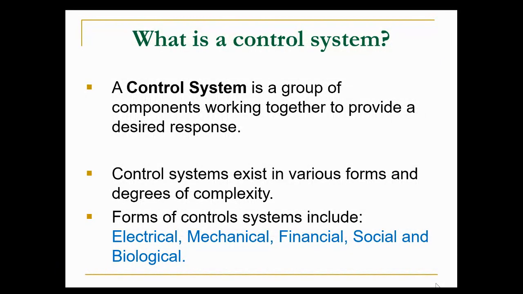In this definition, there are some keywords I want to bring to your attention. I'm not able to see the raise hand feature now, but if you could open your microphone and tell me: if you were to take one or two words from this definition, what would those two words be that would capture the essence of what a control system is?